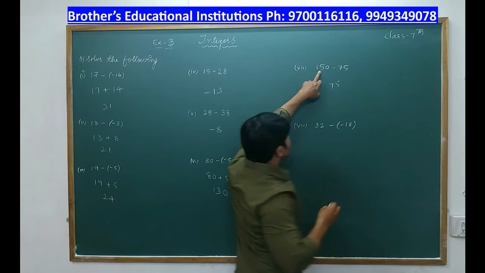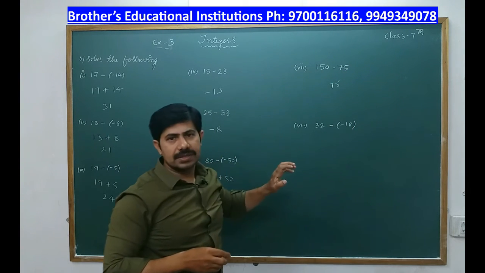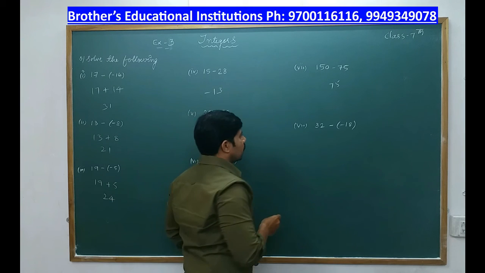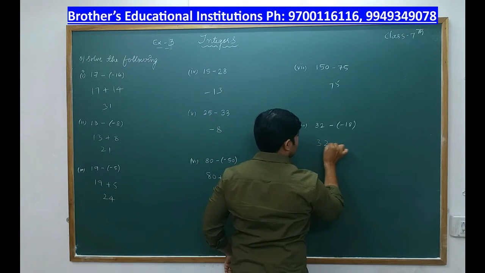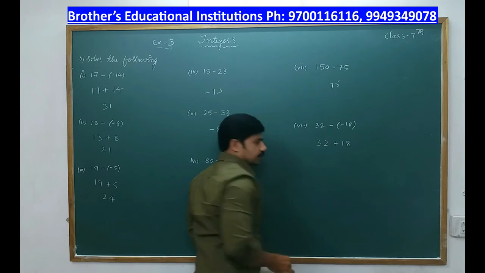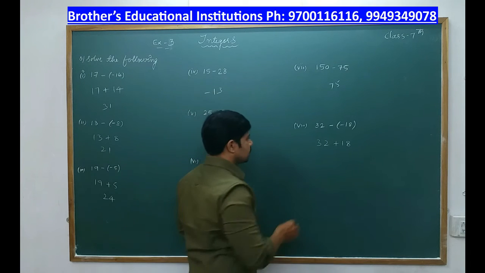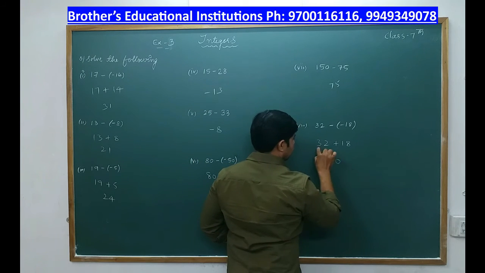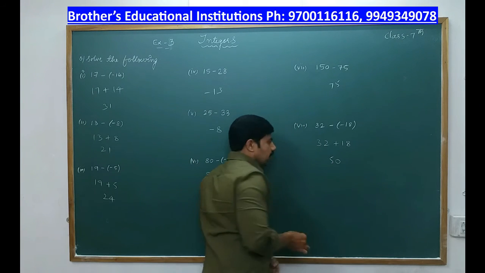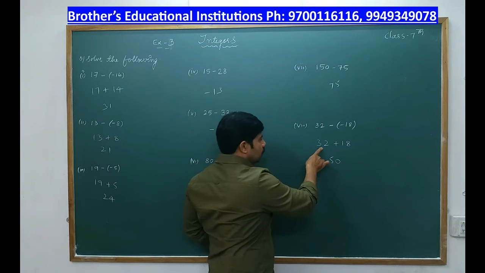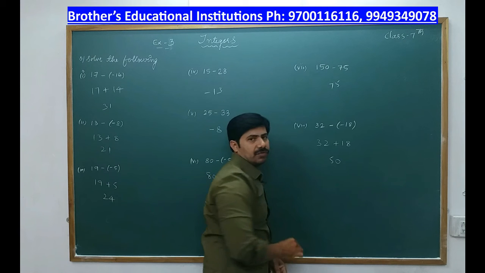The bigger number is 150, it is having a plus sign, so plus 75. Then we have 32 minus of minus 18, so 32 plus 18, so we add this: 8 plus 2 is 10, 4 plus 1 is 5, we get 50. So 32 is positive, so it is plus 50, right?